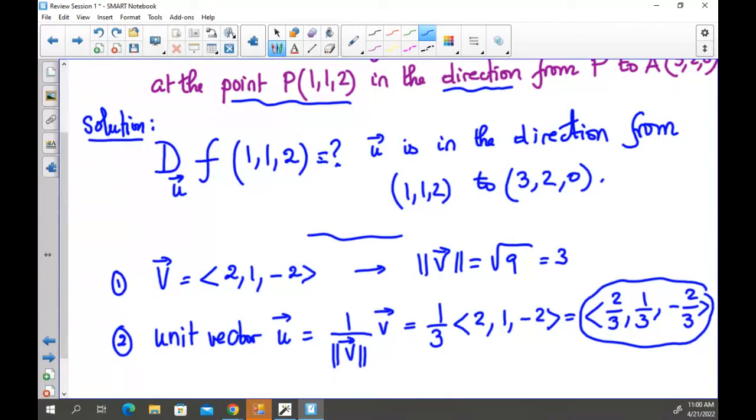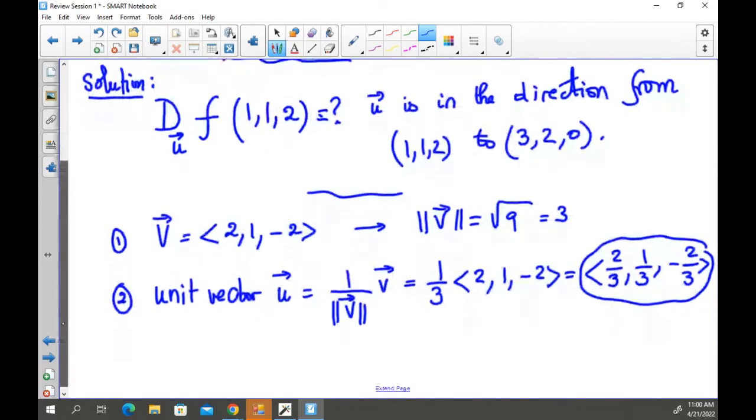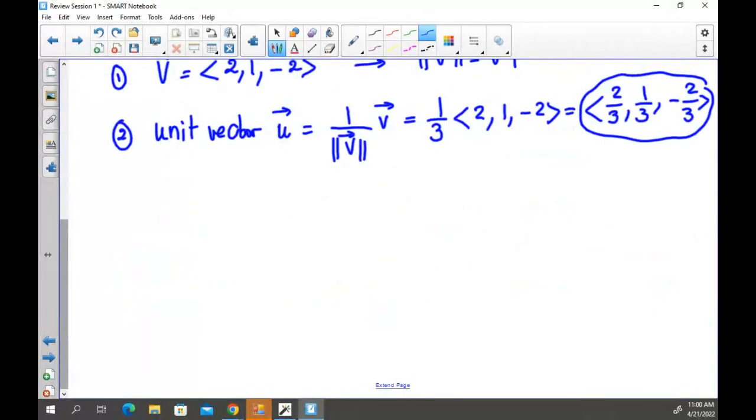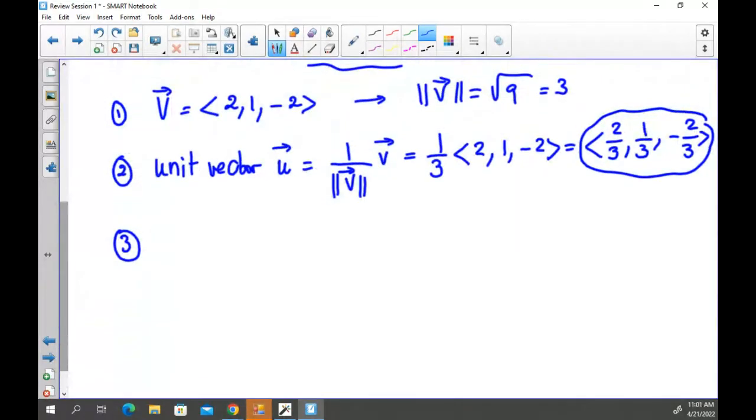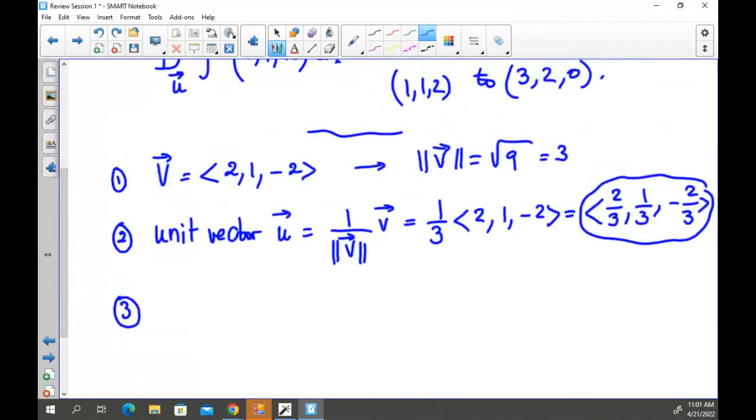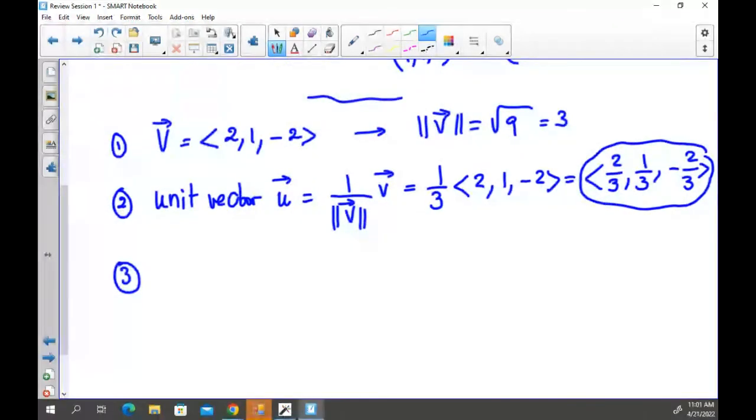And then what else do we need? Do you remember? The point, of course, the point we need, it's here, 1, 1, 2. Okay, let me just remind you of the rule.